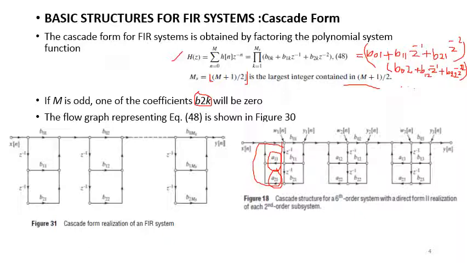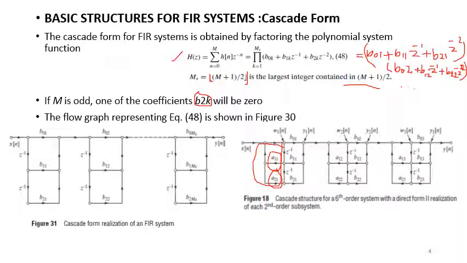Okay, so we just don't have the left part, so we straight away have x of n times b01. But because this part is removed, we just have a delay and b11, which is summed here, again delay b21 and summed here. Similarly for the second section we have b02.